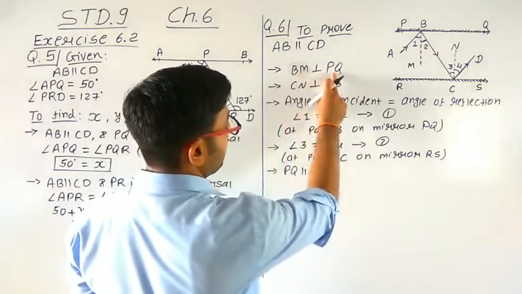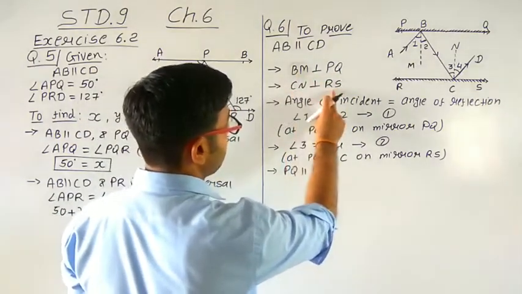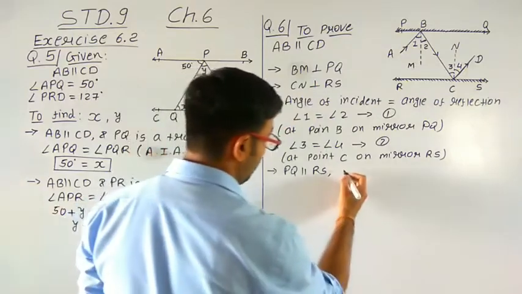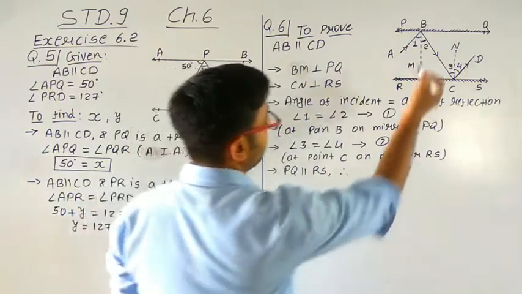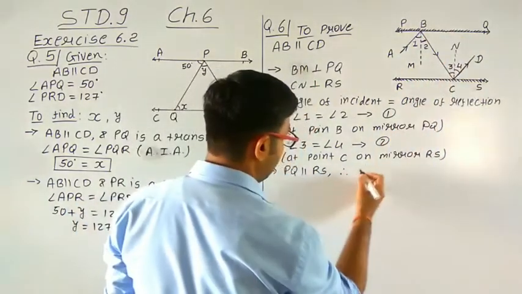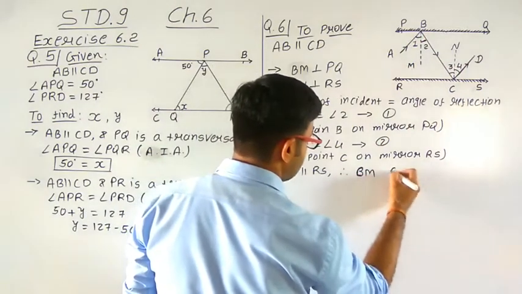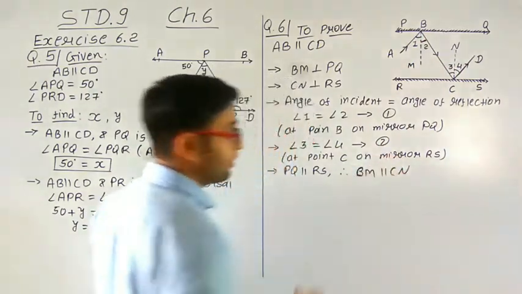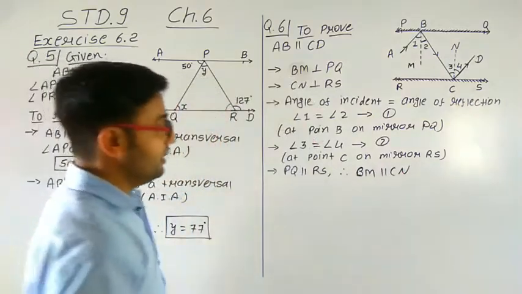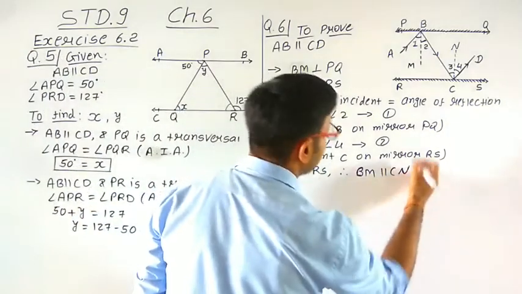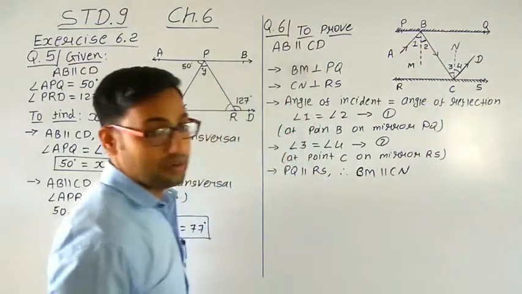BM is perpendicular to PQ and CN is perpendicular to RS. Therefore, we can write that BM and CN are also parallel to each other.